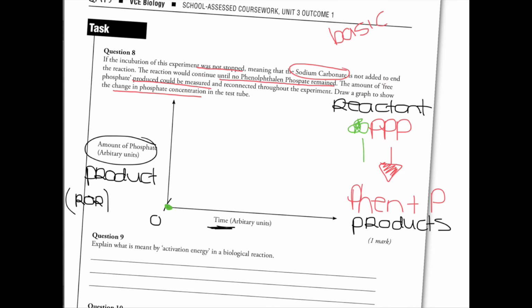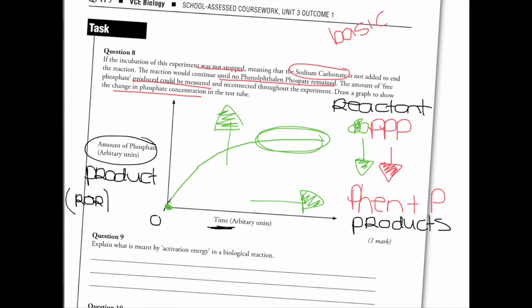Then once the enzyme starts to work, we gradually get more and more phosphate, because that's what we're looking at. Then we reach a certain point where the time is still increasing, however there's no increase in the amount of phosphate. So we're not getting any more phosphate.